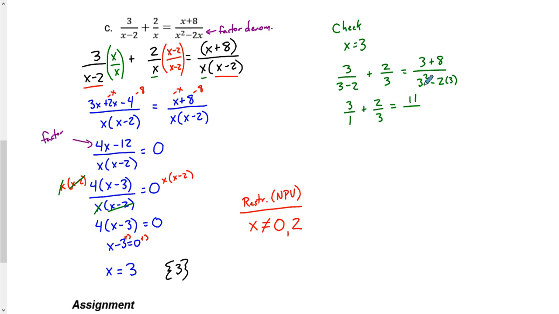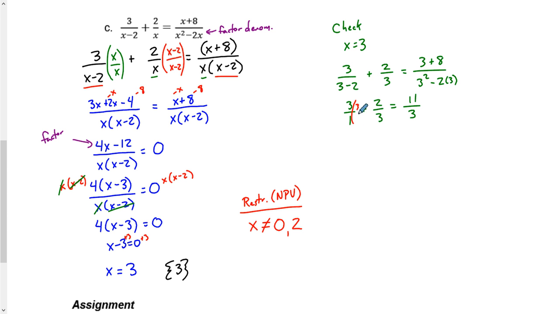I'm going to save myself a little bit of work. 3 squared is 9. 2 times 3 is 6. So I'm going to have 9 subtracting 6. Well, just like we worked with any of our other fractions, we need to get a common denominator in order to add. These two already have a 3 in our denominator.